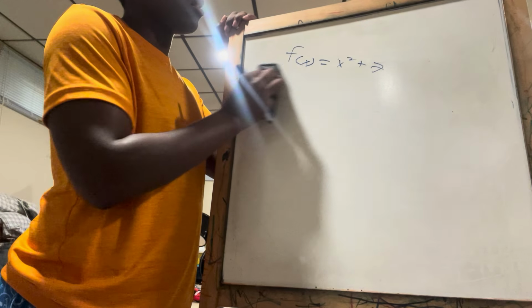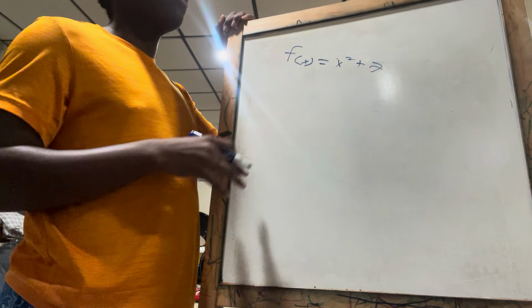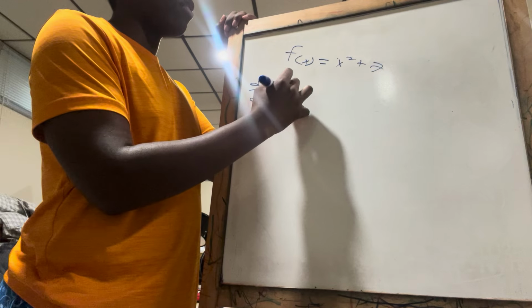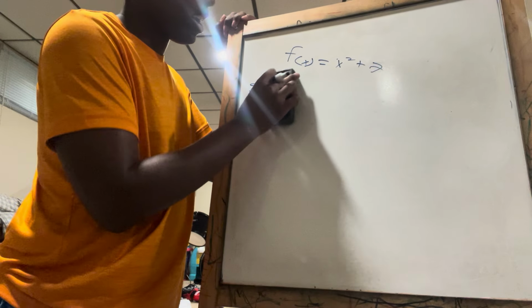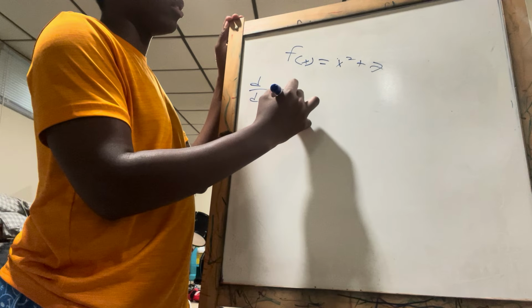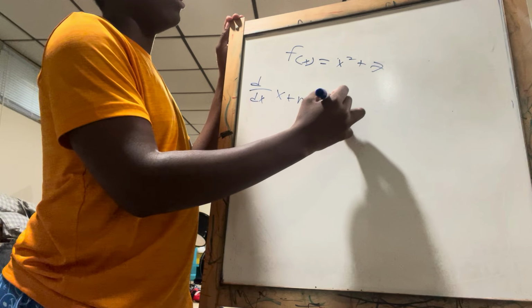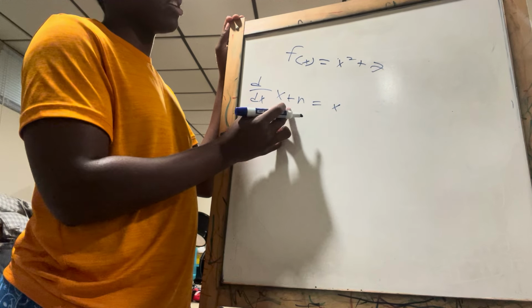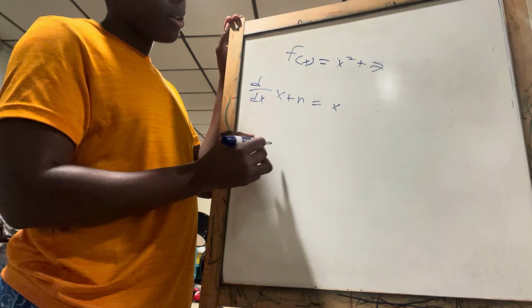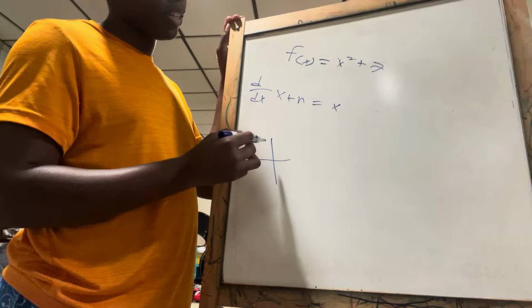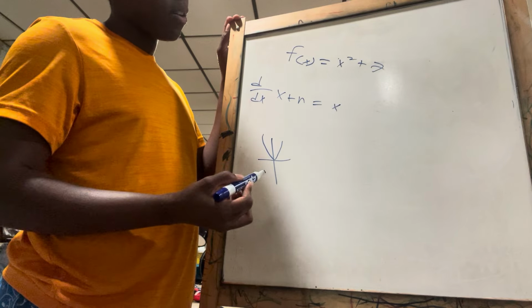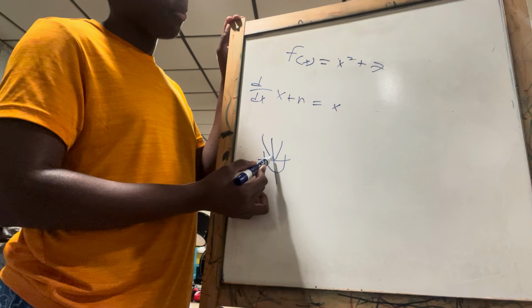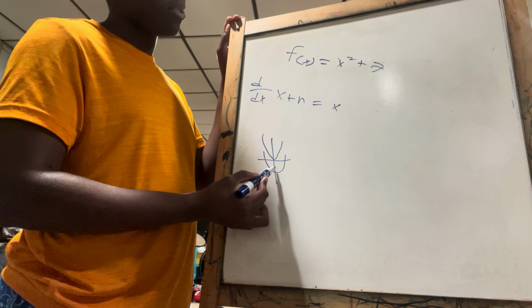Now, next we're going to talk about the additive rule. So the derivative of x plus n would just be 1, because in this case, n isn't changing x at all. If we look at a graph here, like let's say this versus this, they're the exact same graph, but n just displaced where it is.